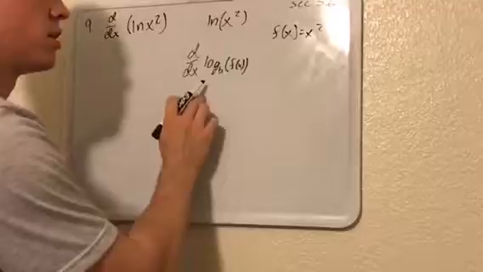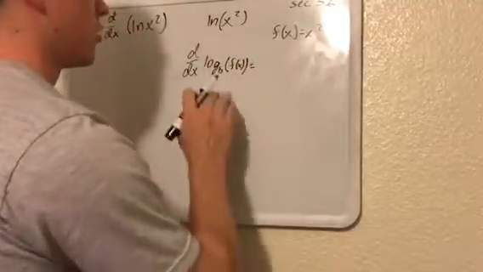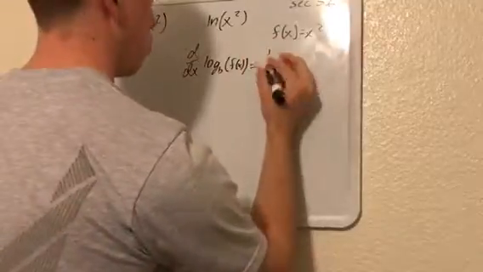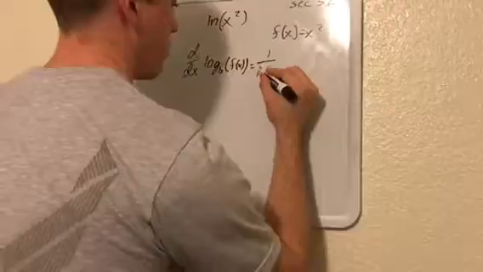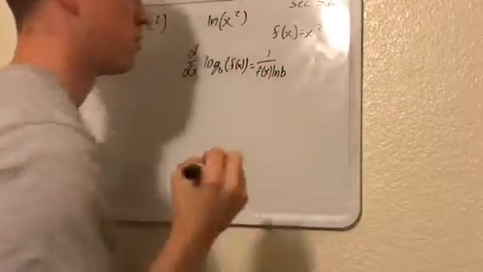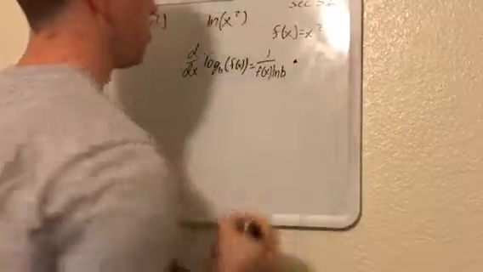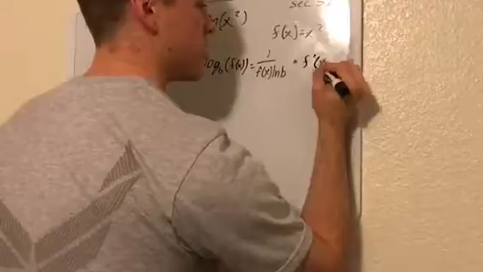So in this one, what you'll do is by the chain rule, you'll solve it just as a normal logarithm on the outside. So it'll be 1 over f of x times natural log of b. And now by the chain rule, you're going to derive the inside, so this will be times f prime of x.